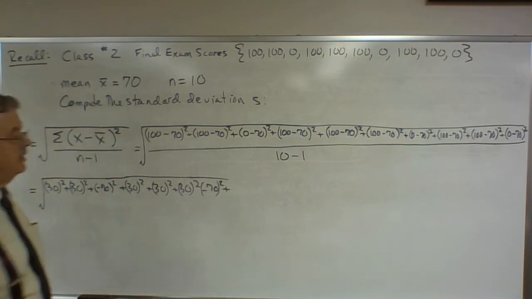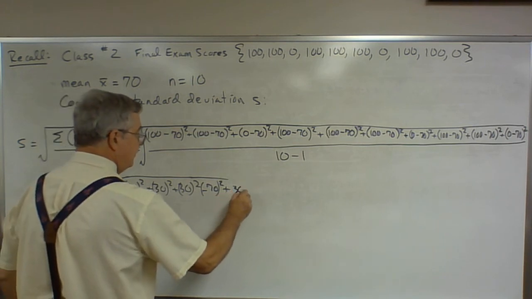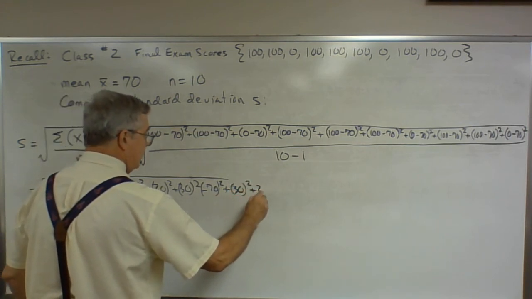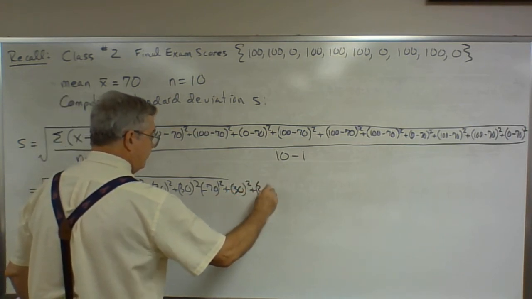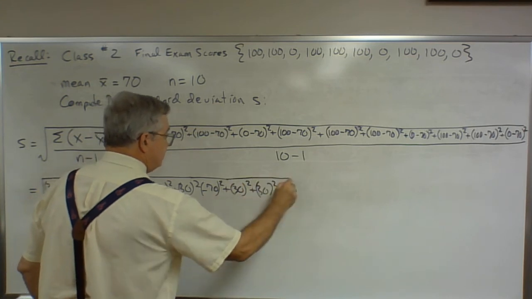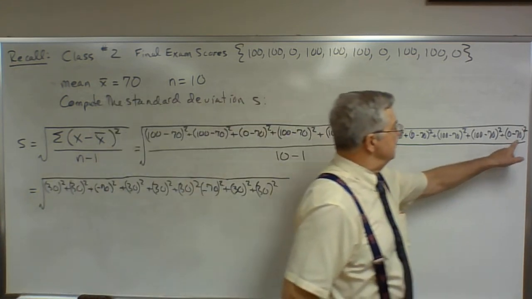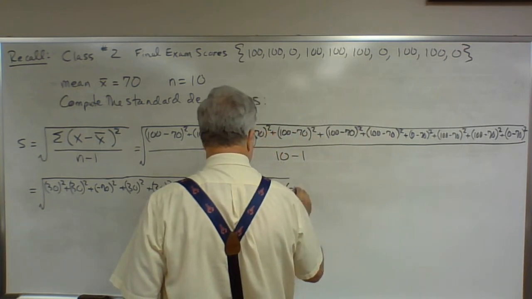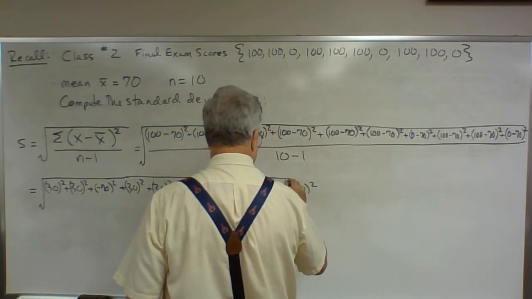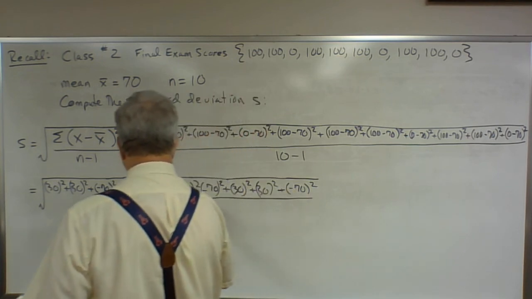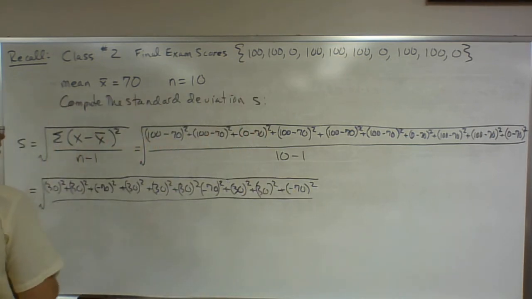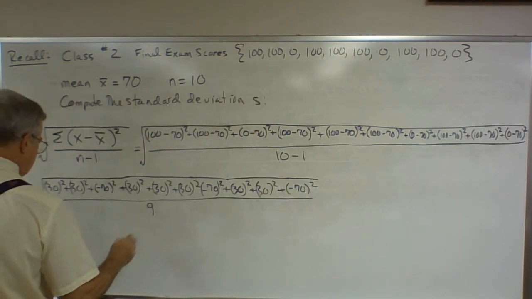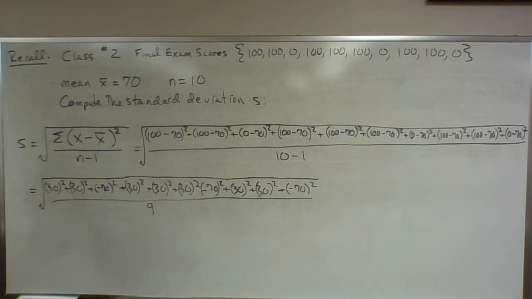And then we got 30 squared again twice. And then negative 70 squared. Excuse me. Holy moly.